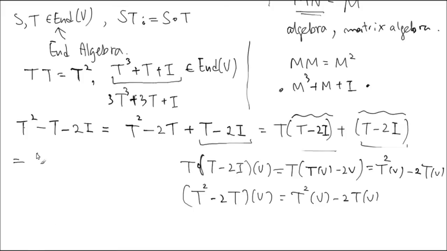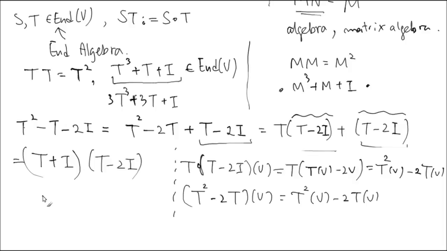So t is staying there. You factor that out. What's left after you factor out the whole thing is identity there, right? And you have to factor out t minus 2i in there. Right? So this operation can be factored as t minus 2i first and then t plus I later.